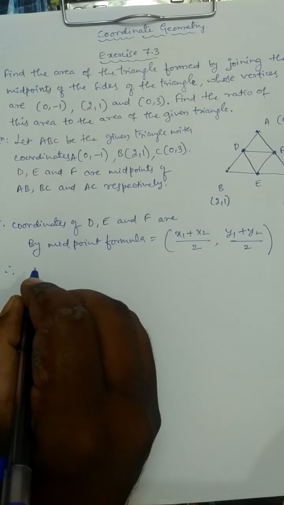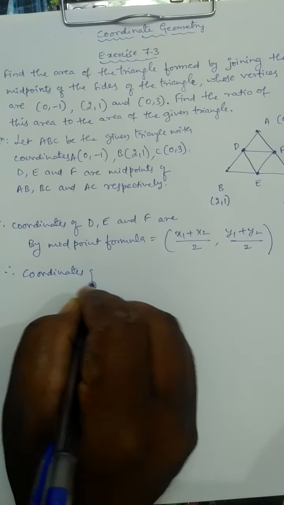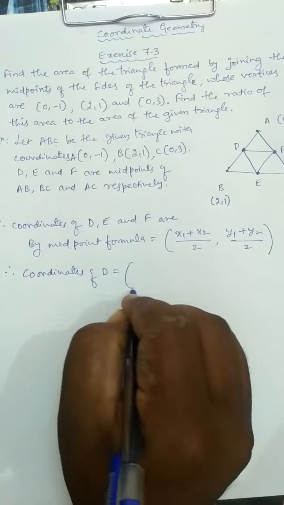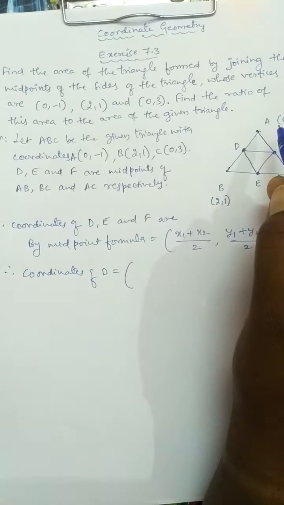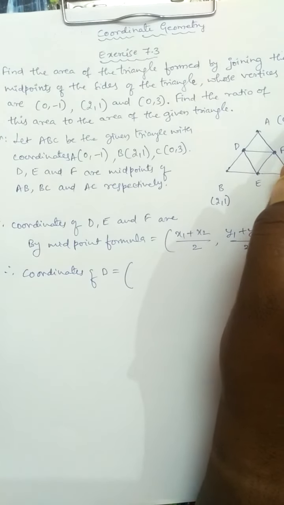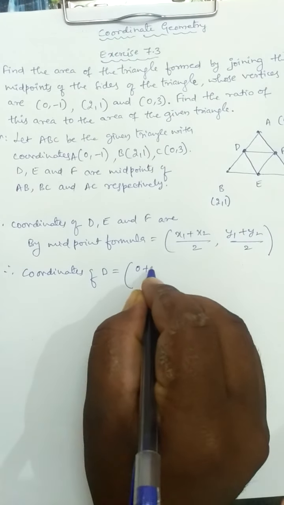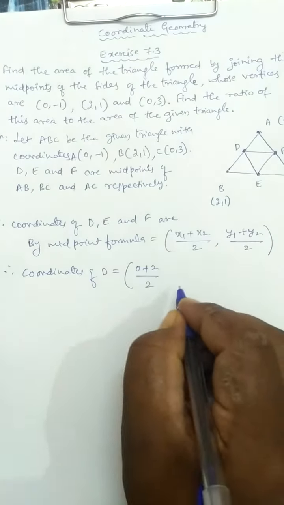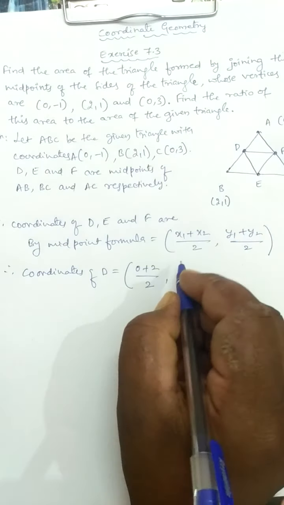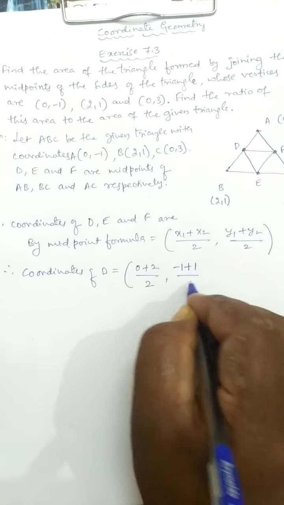Therefore, how to find the coordinates of D? The coordinates of D is the midpoint of AB. So, taking x1, y1, x2, y2, we consider (0 plus 2) divided by 2, and (-1 plus 1) divided by 2.